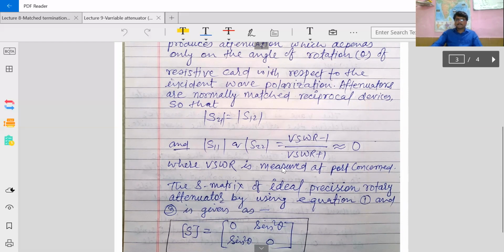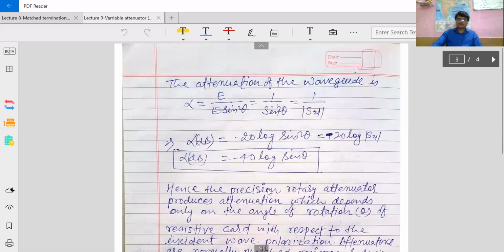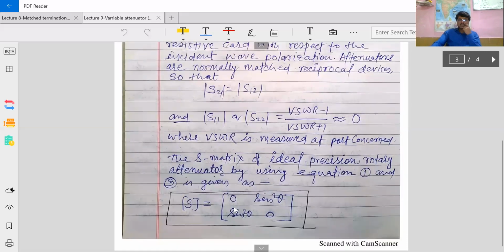Since VSWR is 1, it will be equal to 0. Okay, so the S matrix of the ideal precision rotary attenuator by using equations 1 and 3 is given. It will be 0, sin square theta, sin square theta, 0.